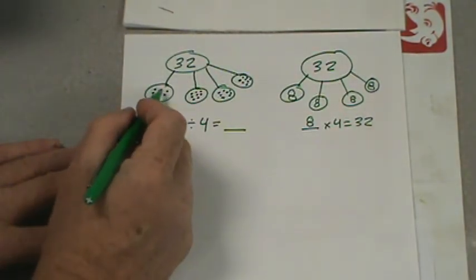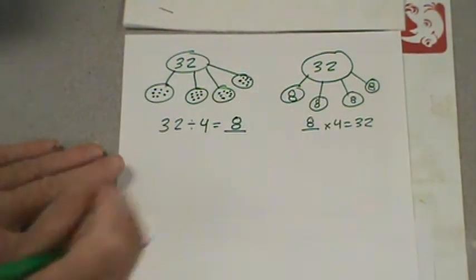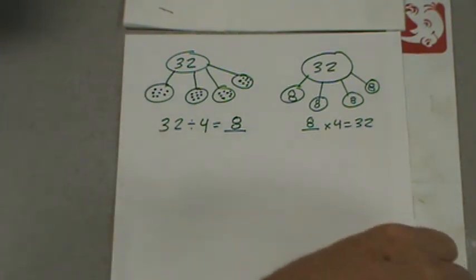How many discs do we have in there? 1, 2, 3, 4, 5, 6, 7, 8. So we see that 32 divided by 4 equals 8. And that kind of shows the relationship between multiplication and division quite nicely, I think.